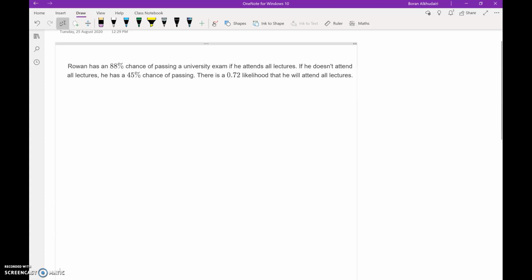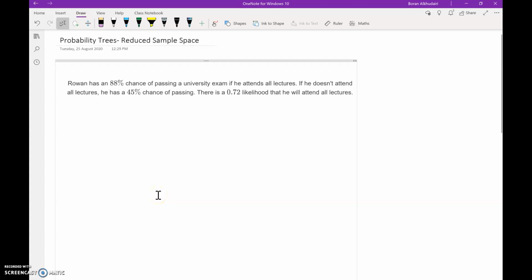All right, so now I'm going to look at probability trees, but with questions that involve reduced sample space. First, this question was on Education Perfect, in the task called Reduced Sample Space Probability Trees.